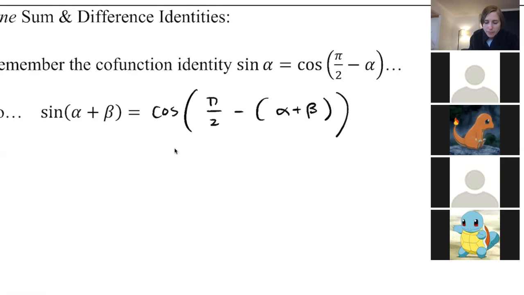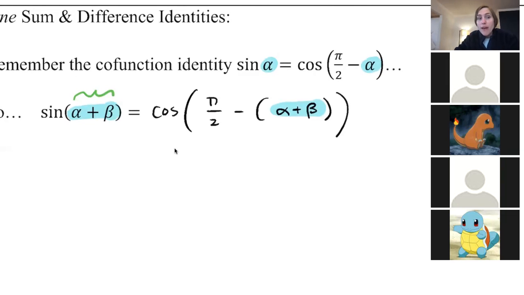I'm confused about how you did that. Same. Does that help? Right? Oh, yeah. Alpha plus beta is the angle. I realize it's confusing because you're like, wait, alpha and beta are two different angles.